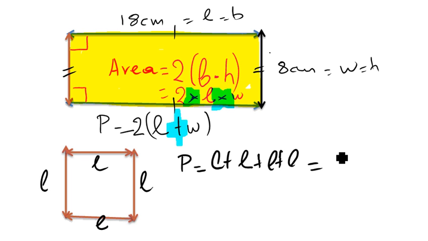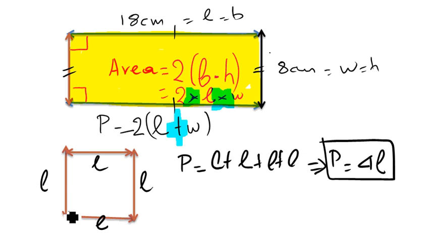Or I can say the perimeter of the square is 4 times L.